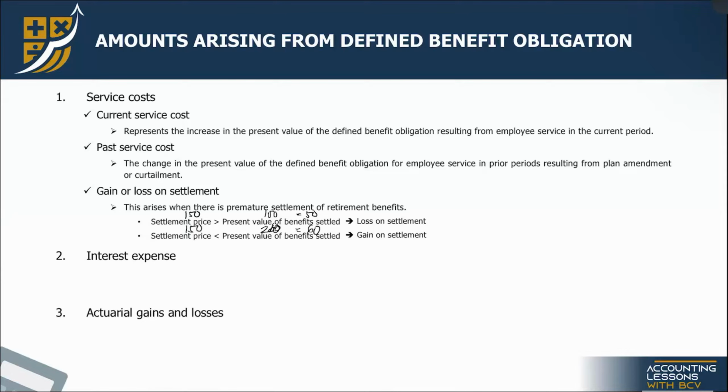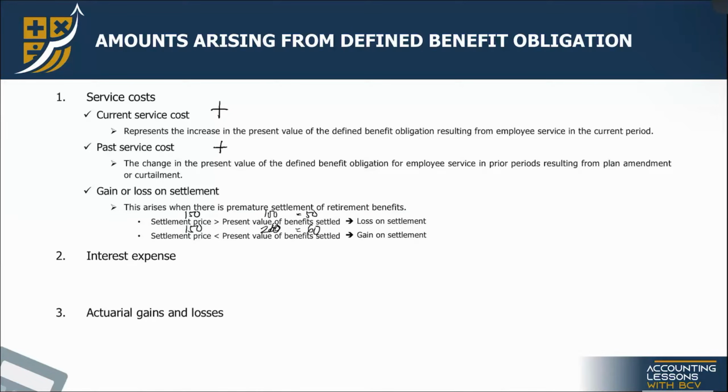All right? Now, when we talk of defined benefit obligation, palaging related ito sa cost, no? Retirement cost. So tandaan nyo, kapag defined benefit obligation, puro retirement cost ang pinag-uusapan natin. Alright? So when we compute the total service cost, current service cost will be added to the past service cost.